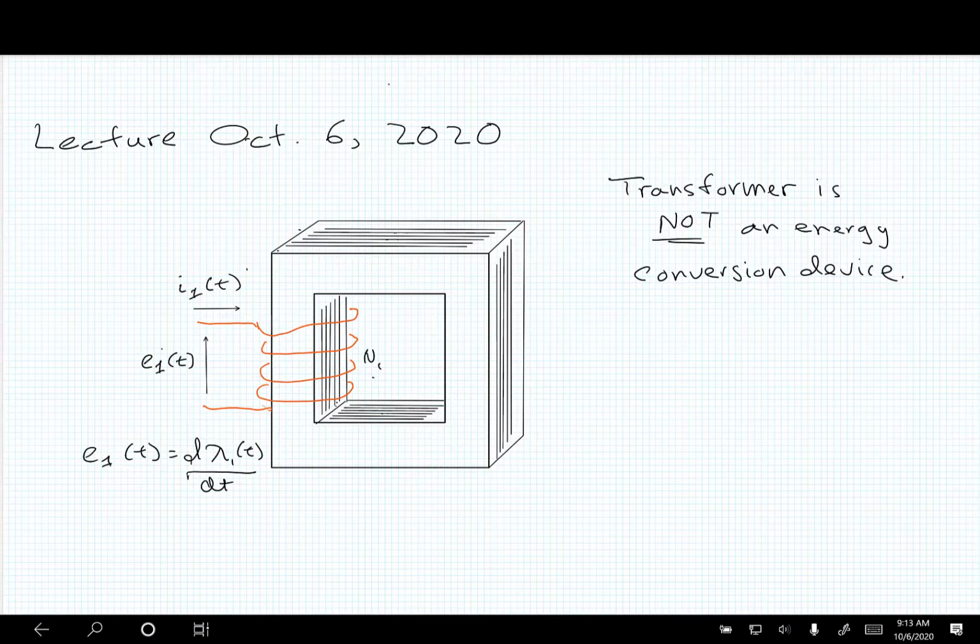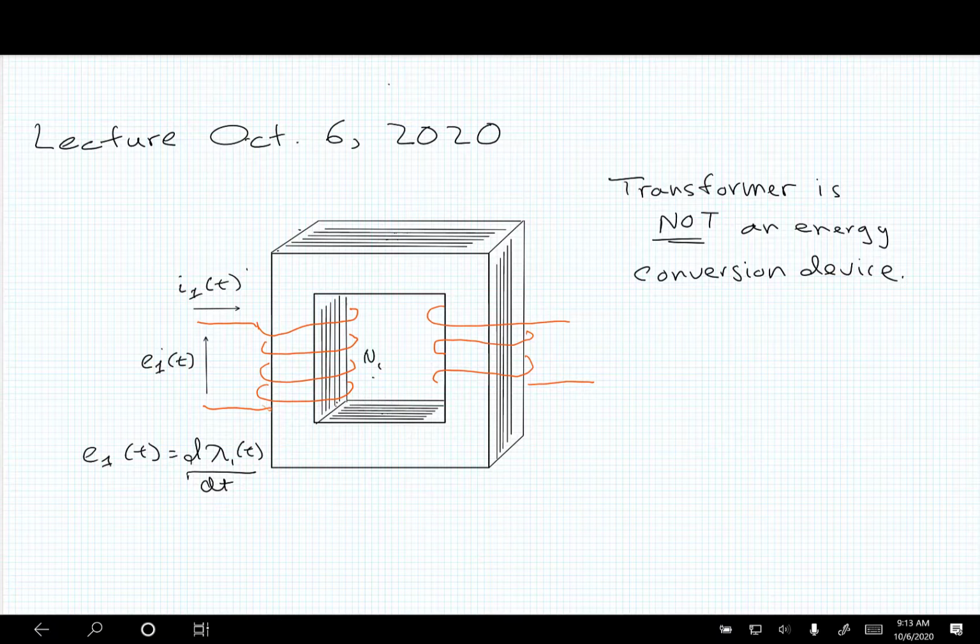Now on the other side of this transformer, we're going to put another winding, and in this case we're going to have it going like this.